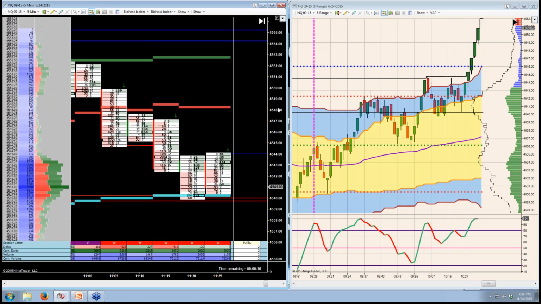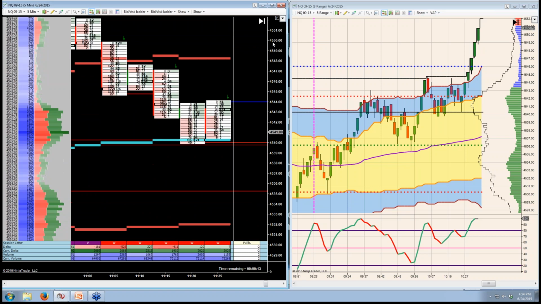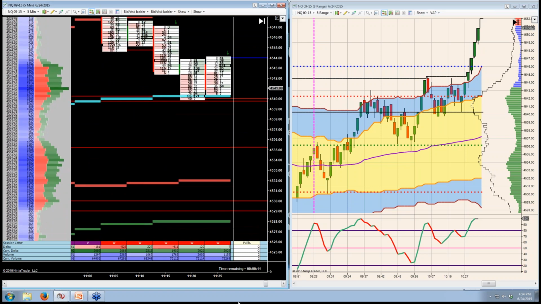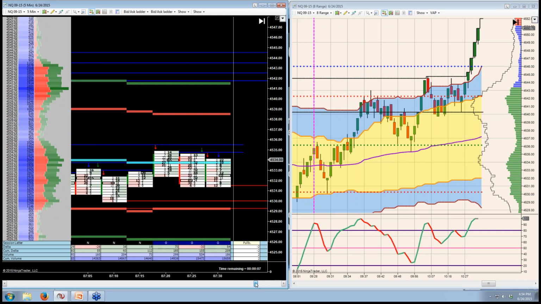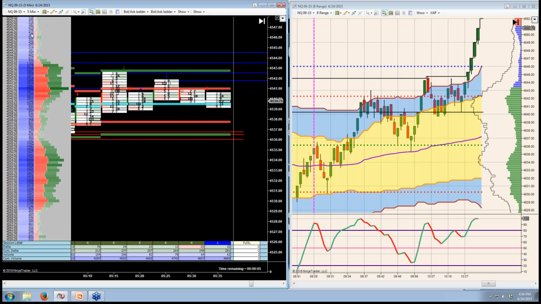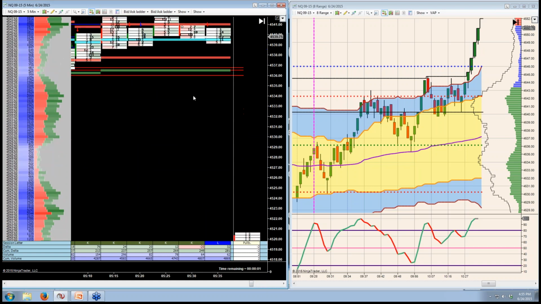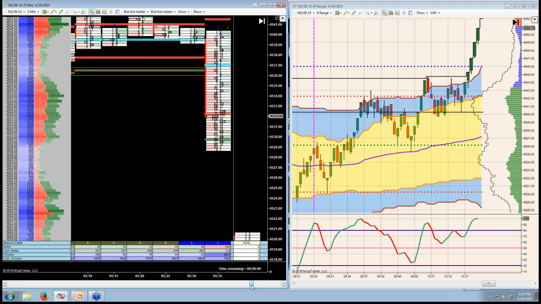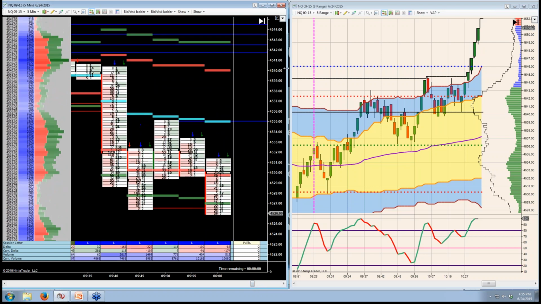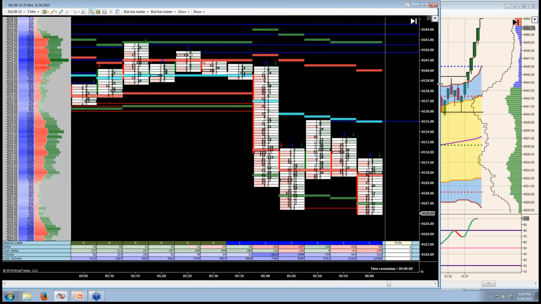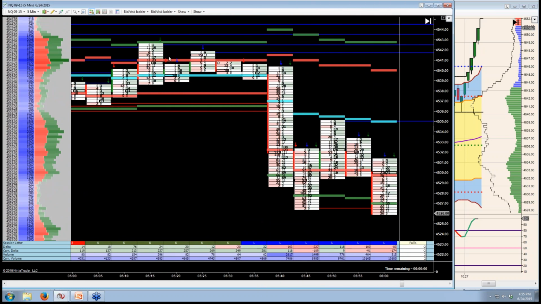Another really great way to trade these with the volume at price is you can see all the heavy volume here, all the heavy volume here, all the heavy volume there. So how that is really helpful is if you look here, you can see price holding in this area here.